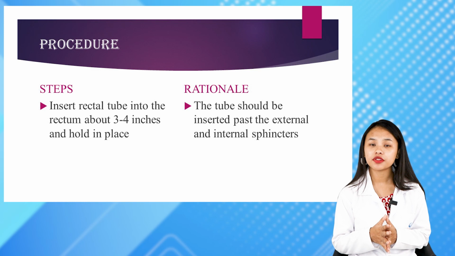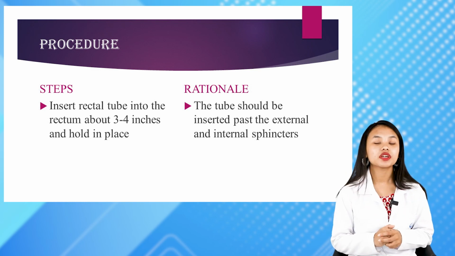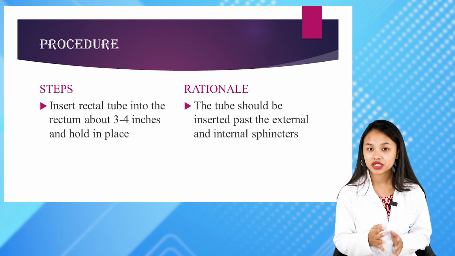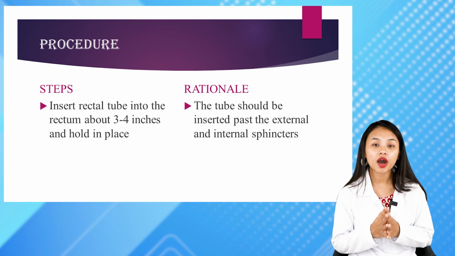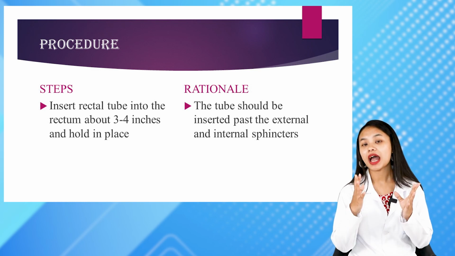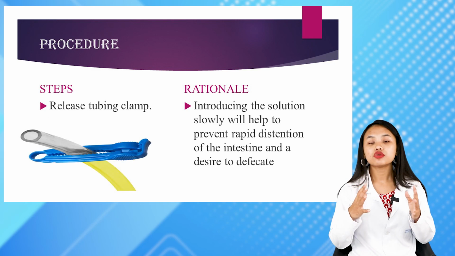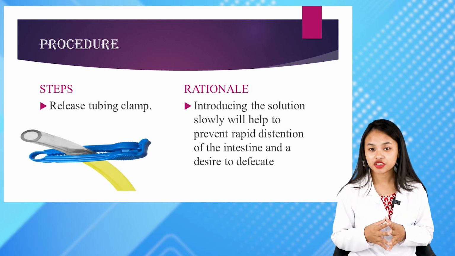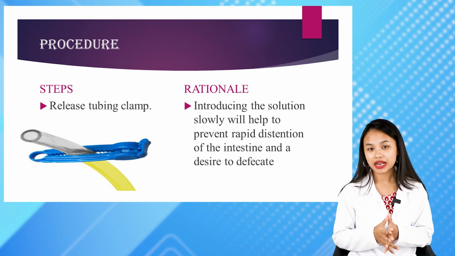And here you might be thinking, why 3 to 4 inches? We do so because inserting it 3 to 4 inches helps to pass the external as well as the internal sphincters. So once the tube has been inserted, we can then release the tubing clamp.